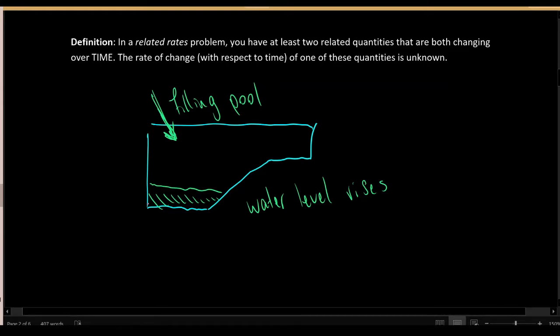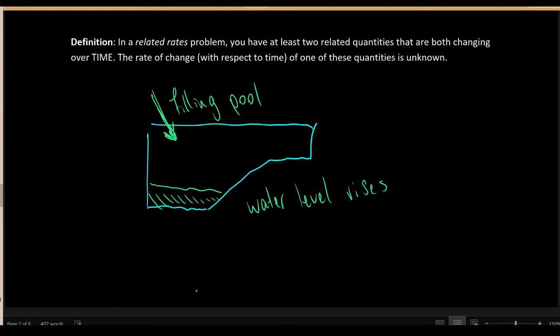You have the volume of water in the pool, which is increasing as you fill the pool up, and then you have the water level in the pool, the height of the water. Both the volume of water and the height of water are changing over time. As you put more water into the pool, the water level rises.